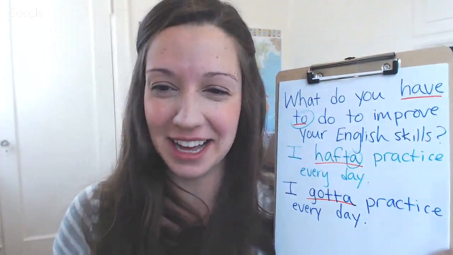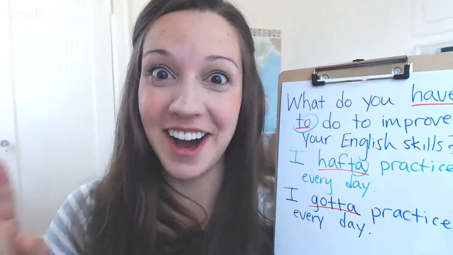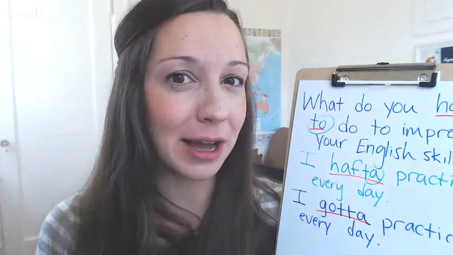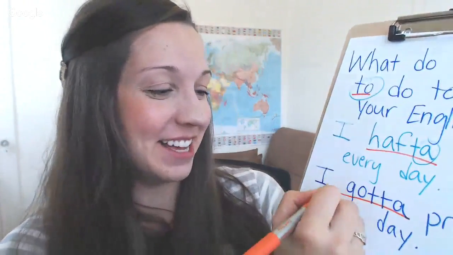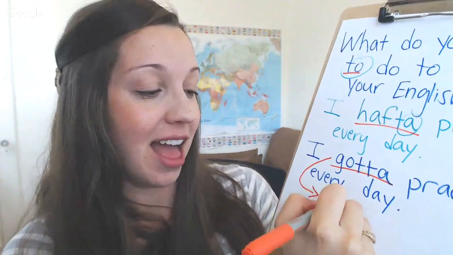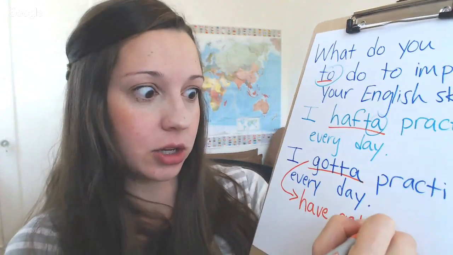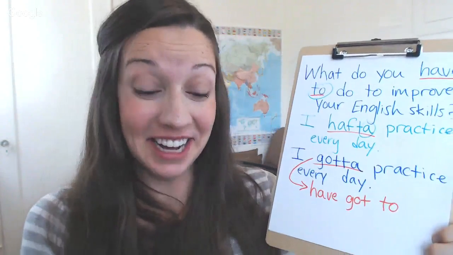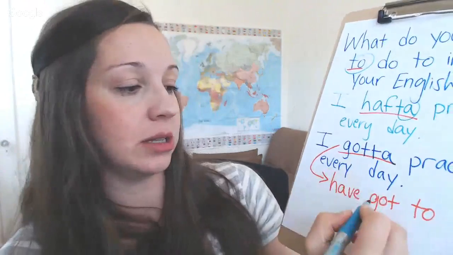Can anyone guess? A lot of you said "got to." Khan has the correct answer. Khan says "have got to." Oh, lovely guess. So here we have "got to." Where is "have"? Because this follows a similar pattern as the other reductions.